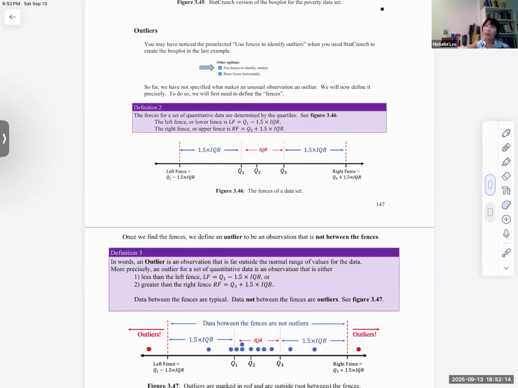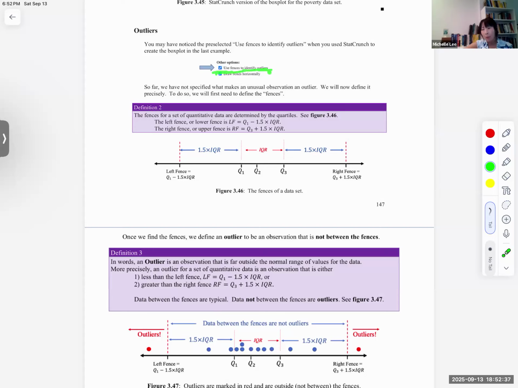Okay, let's talk about the outliers. So we had the outliers earlier. Each is a data point far away from the other data, right? When I showed you StatCrunch, we did one click for this one because we knew there was no outlier.